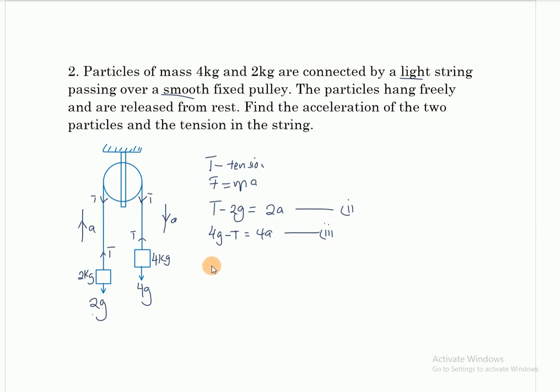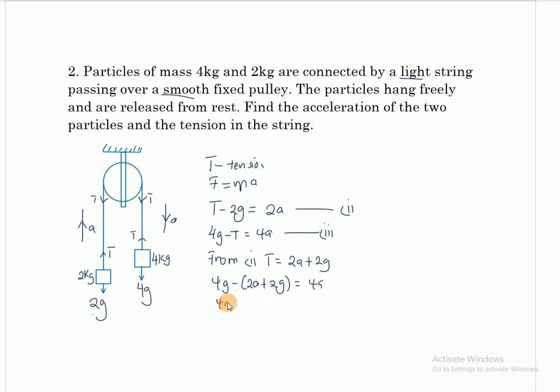We need to solve the two equations. From equation 1, T is equal to 2a plus 2g. Substitute that in equation 2: 4g minus (2a plus 2g) is equal to 4a.